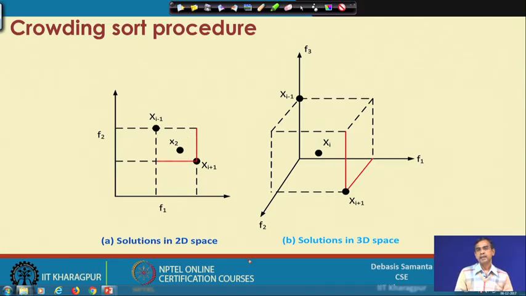Now, extending the same idea, we will be able to calculate the crowding distance for any solution in an n dimensional space. We will discuss the formula that the NSGA2 authors proposed, for how the crowding distance can be calculated. Anyway, the crowding distance can be calculated for a solution knowing the other solutions in its near vicinity.